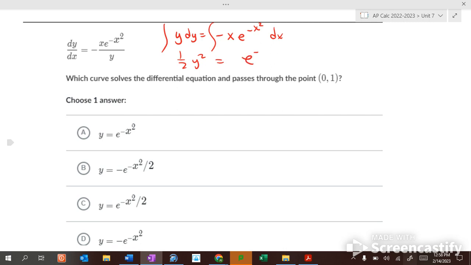Well, it's e to the negative x squared times the first derivative of that, which is negative 2x. So we need a 2 here with a 1/2 out front, because then that disappears. Because remember, the first derivative of e to the negative x squared would be negative 2x e to the negative x squared. Okay? So if this is u and then du type of thing. So we get that plus c, right?